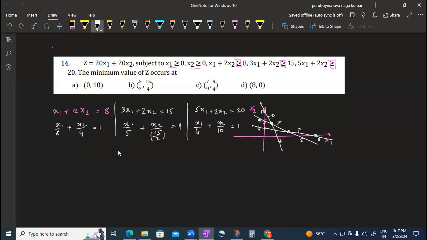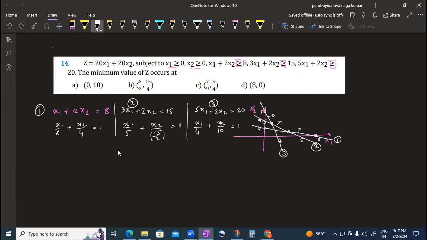So if this is the first one, second one, third one: the first one has intercepts 8 and 4. This is the first line. The second one is 5, 15 by 2. This is the second line. And this is, of course, the third line.